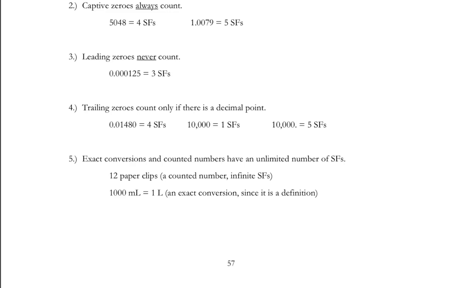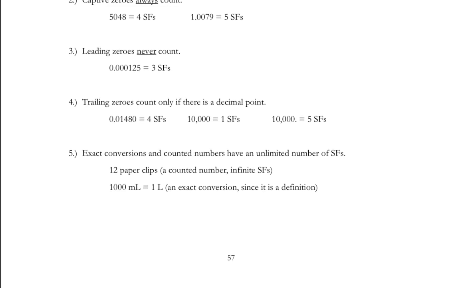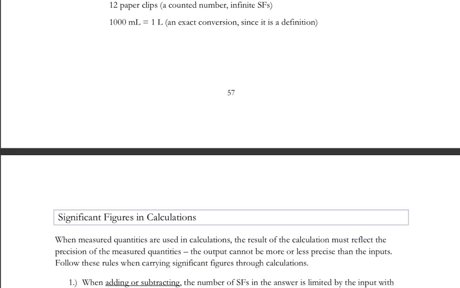All the ones within the metric system, all the conversions, like 1,000 milliliters equal 1 liter, that's exact, that's defined, that's made up. All the ones within the British system that are also made up, like 3 feet are 1 yard, 5,280 feet equal 1 mile, those are made up. Those aren't based on measurement. They have an infinite number of sig figs.